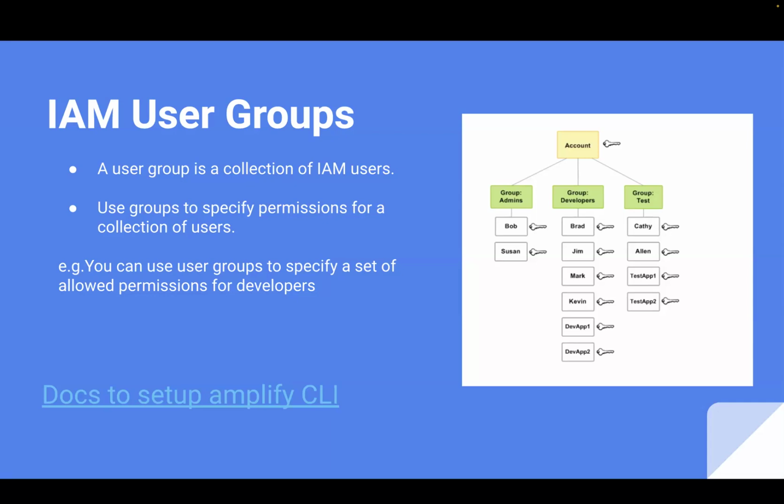If you look at the diagram on the right-hand side, there is a root account that has the key on top of it. Below it, you see those labeled green. We have the groups. One group is admin, another group is developers, another group is test.